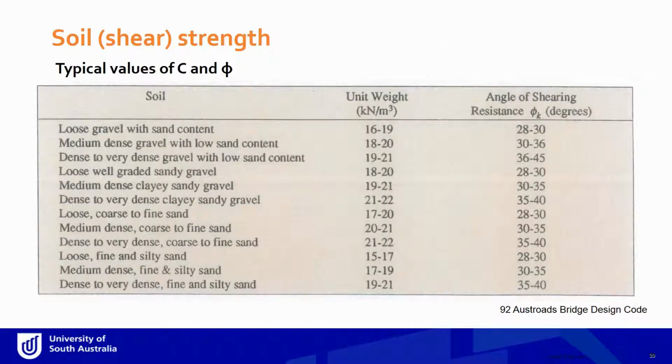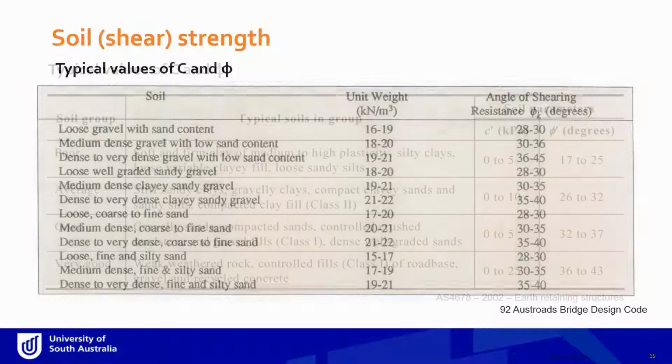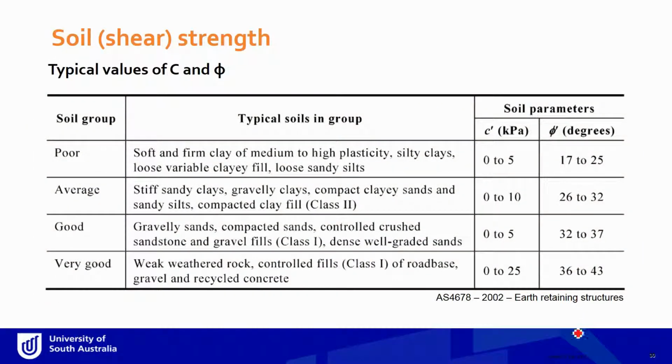And here are some typical values of C and phi. If we know the soil type, we sometimes use a chart like this to come up with a rough number for what a C or phi value might look like. This is another chart, from AS 4678, the Australian Code for Earth Retaining Structures, and you can see it has classified the soil into a number of categories, and then there are different types of soil.